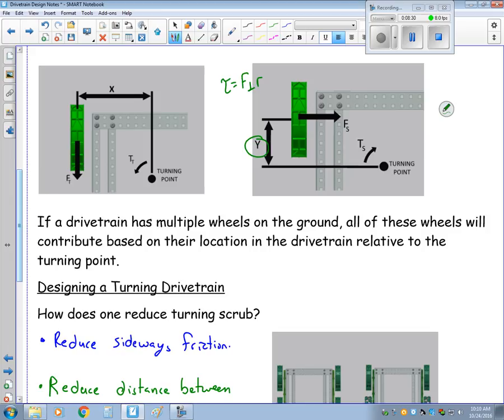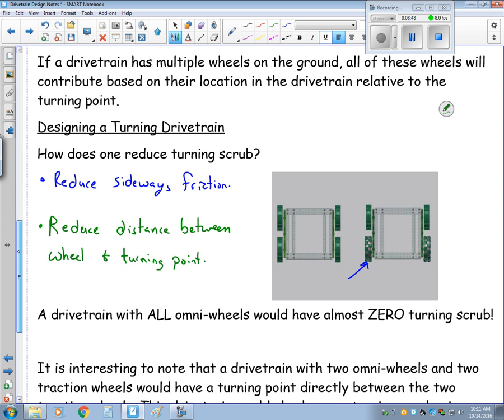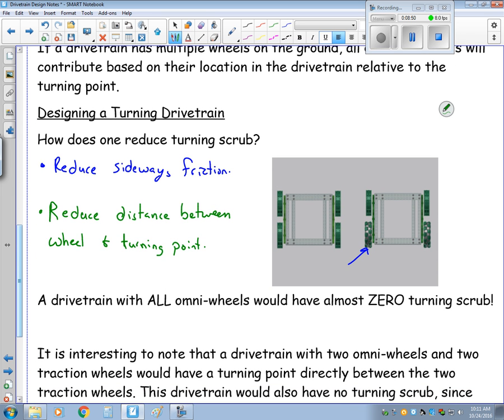So in this case, the force is friction, and the lever arm distance is y. So if I were to make y smaller, I would reduce how much turning torque, or I'm sorry, not turning torque, I would reduce how much turning scrub there is affecting this robot. So that's what it means by reducing the distance between the wheel and the turning point.